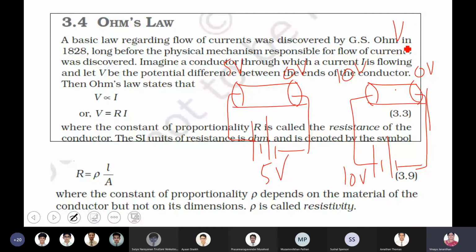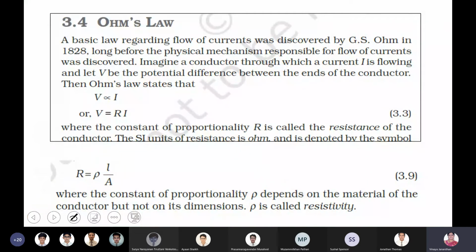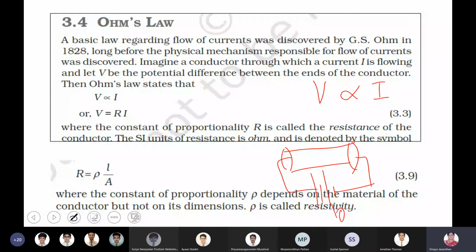That difference in potential is V. That is your Ohm's law. Is that clear? So V is directly proportional to I, because more the potential. If I connect this to a 10 volt battery, your battery has more energy, 0 volt, 10 volt. Here the battery has more energy to push the electrons.